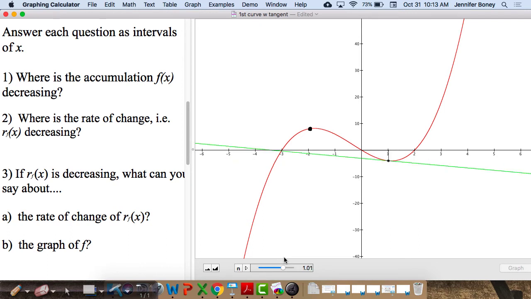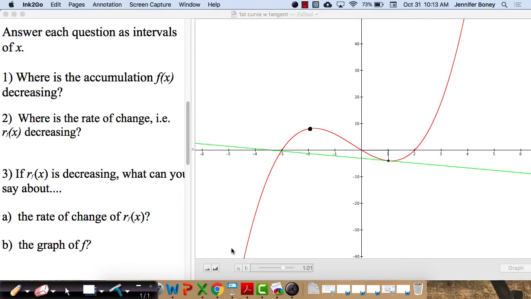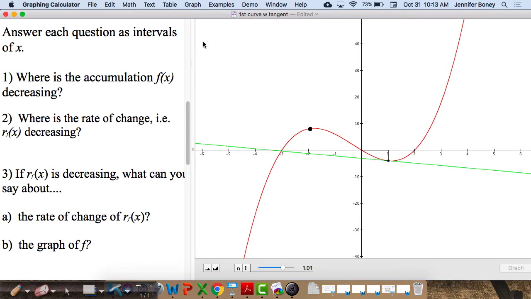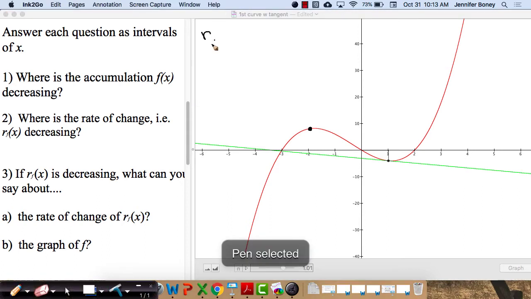So my rate of change is decreasing, as far as I can see, r sub f of x decreases for most of the left portion of this graph.